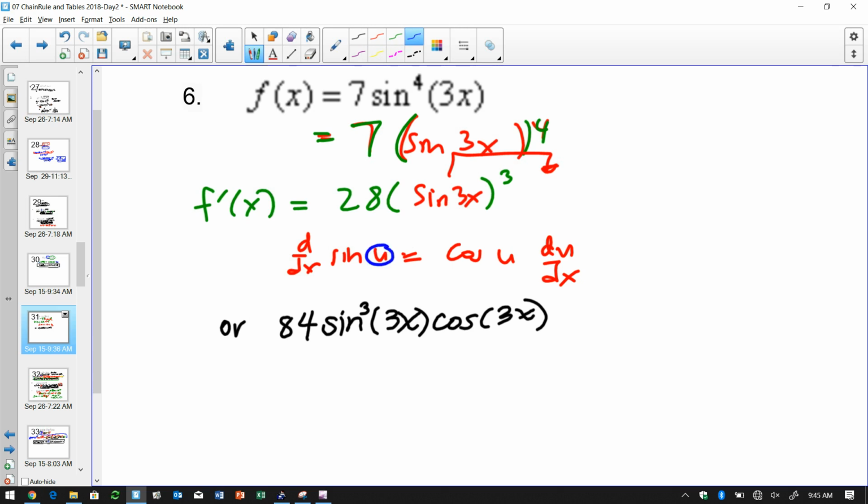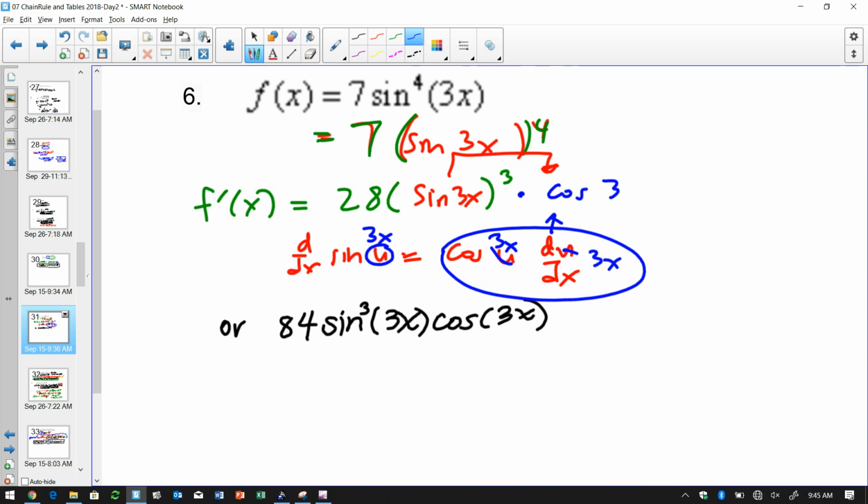So everywhere there's a u here, I'm going to replace it with 3x. So the derivative of sine 3x is cosine 3x times, what's the derivative of 3x? 3. And that's pretty much your answer, except I like you to have the 3 multiplied by the 28.